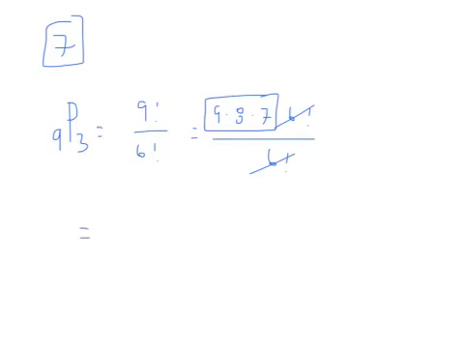We could also write it as the product from i equals 0, well, we have three terms, so to i equals 2 of 9 minus i. Okay, so that was 7a.